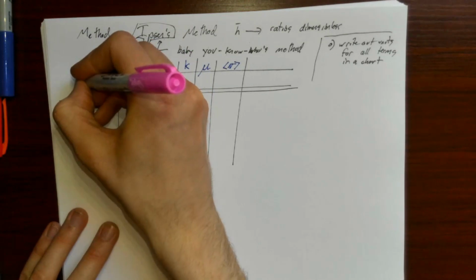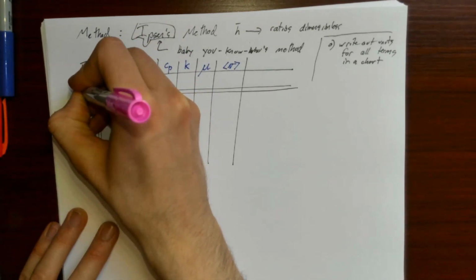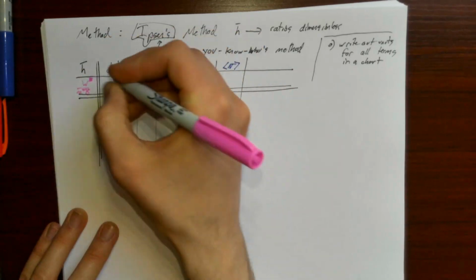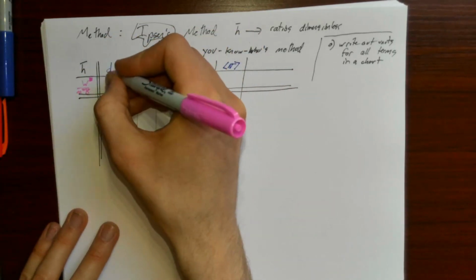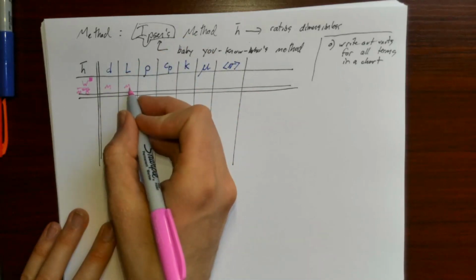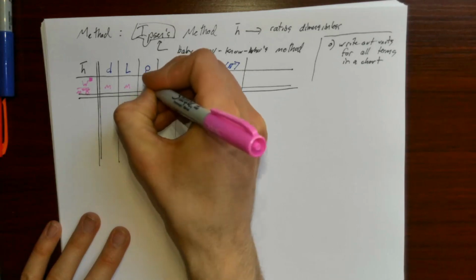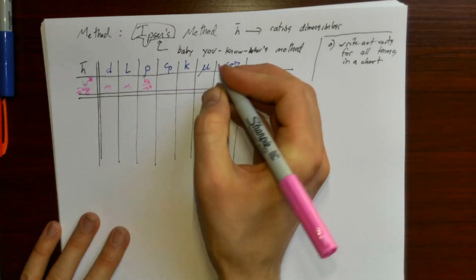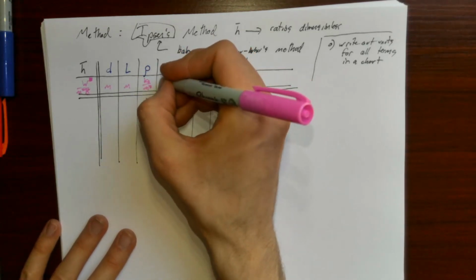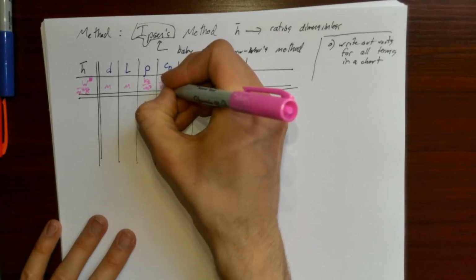So h bar, we already said, has units of watts per meter squared Kelvin. Diameter, that's a length, so that's going to have units of meters. L, the length of the tube, is going to have units of meters. Density is going to have units of kilograms per cubic meter. Specific heat is going to have units of joules per kilogram Kelvin.